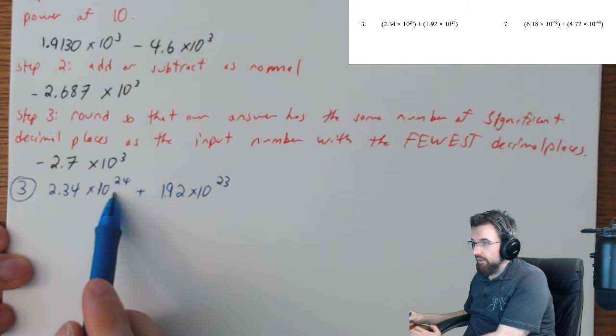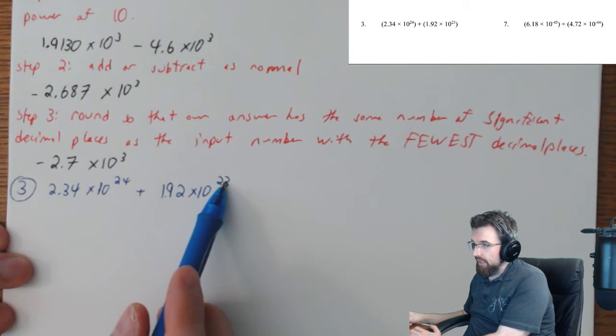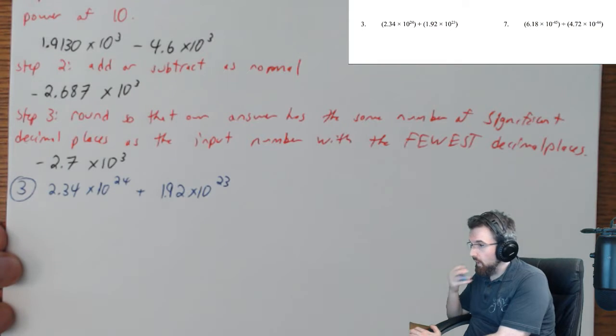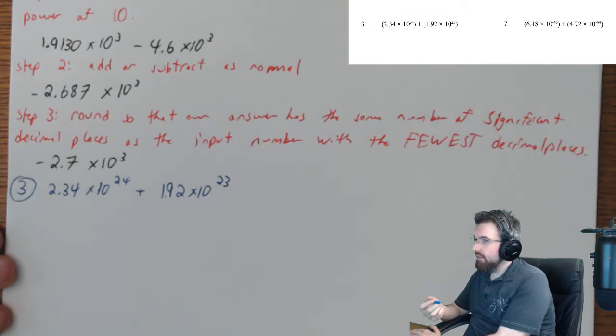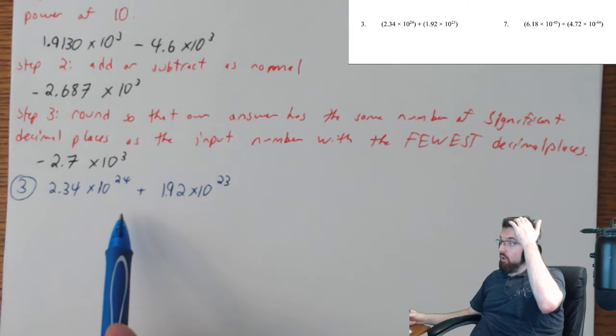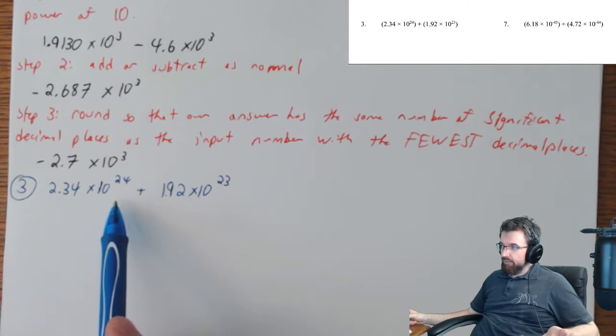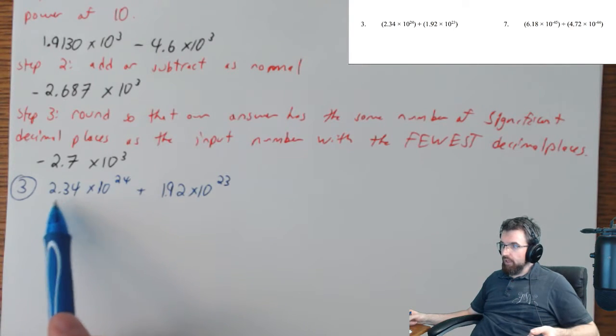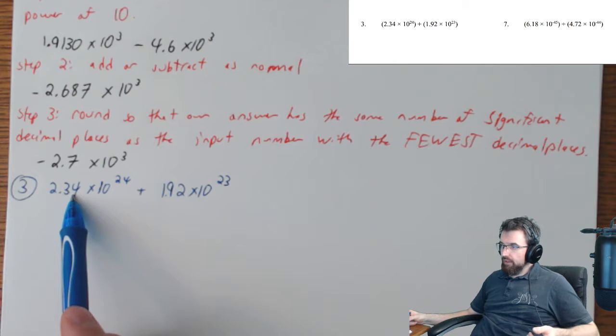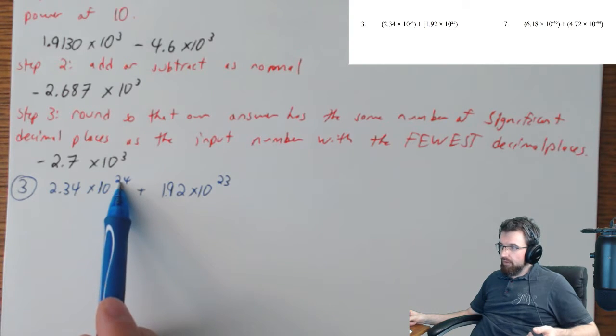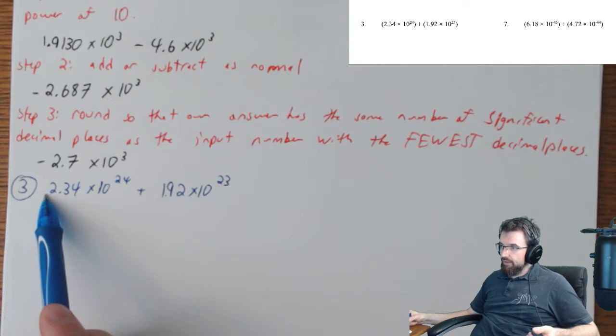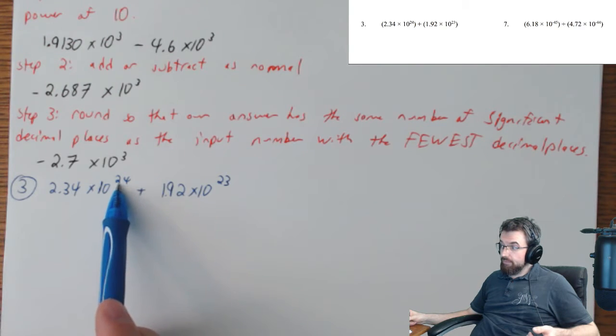But here, this has 10 to the 24. This has 10 to the 23. So how are we going to get these to have the same number in the corner? Well, we've got to move one of these decimals. And remember, if the decimal goes to the right, then the number up here goes down. If the decimal goes to the left, the number up here goes up.